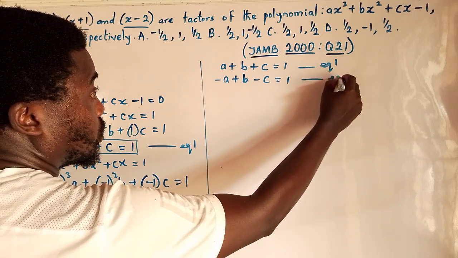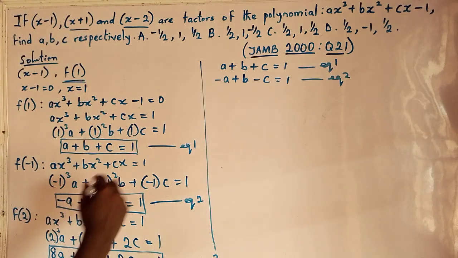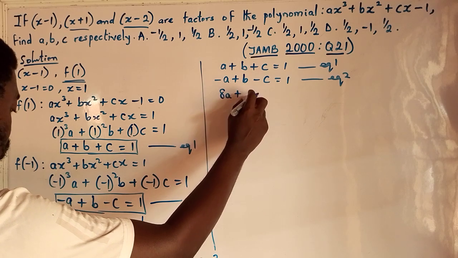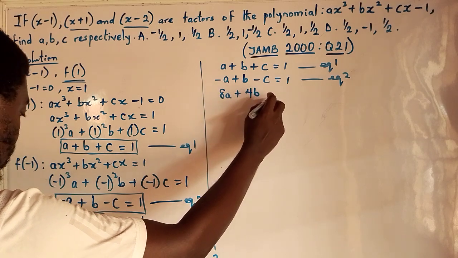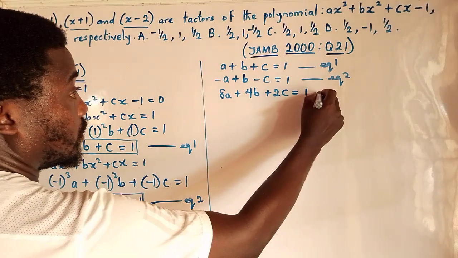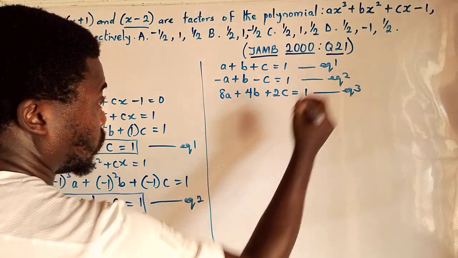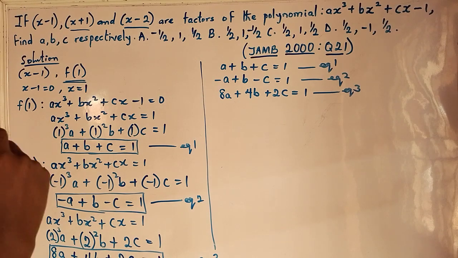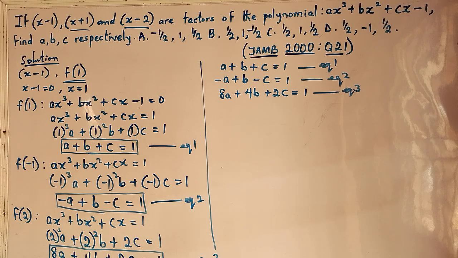And equation 3: 8a plus 4b plus 2c equals 1. To solve these equations, we are going to use two methods, the substitution method and also the matrices method.